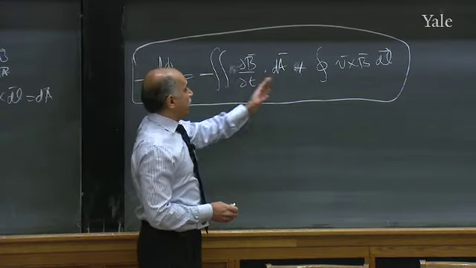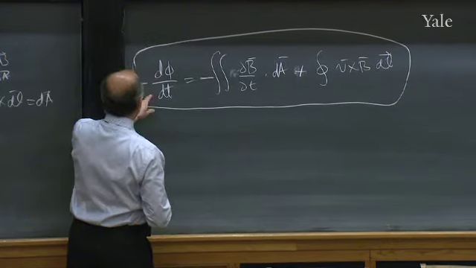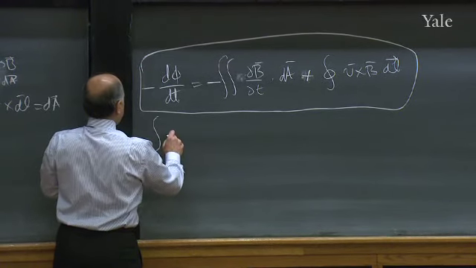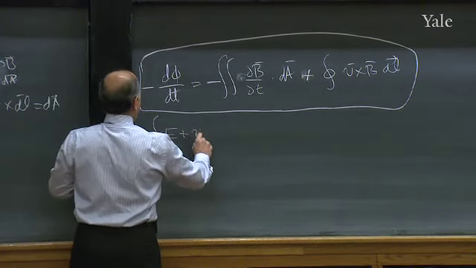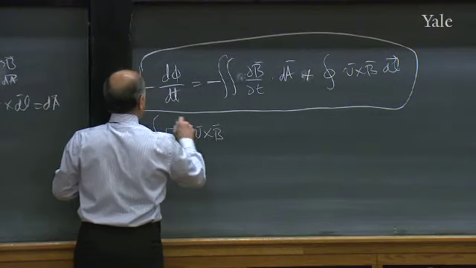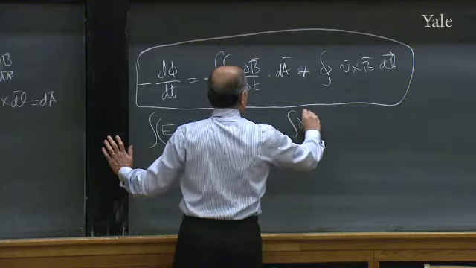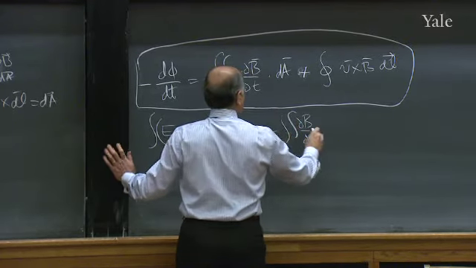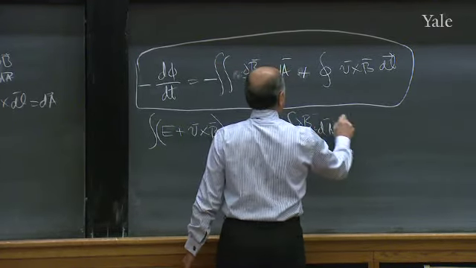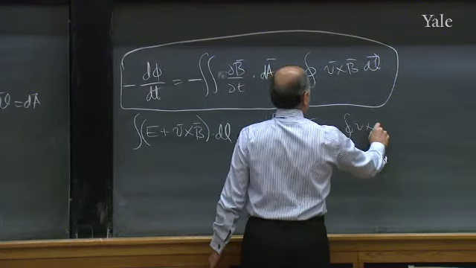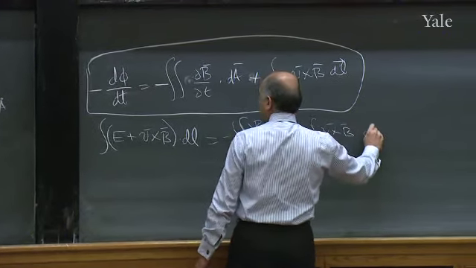And together, they make these two contributions. But EMF is equal to minus integral of all the electric forces and the magnetic forces. That's equal to minus ∂B/∂t dA plus integral v cross B dot dl.